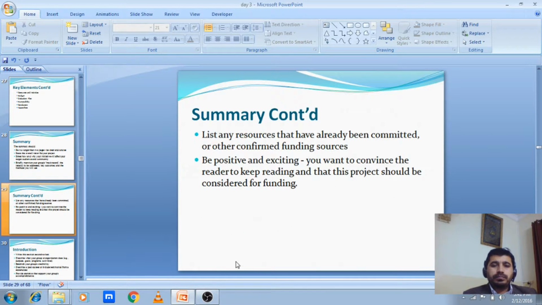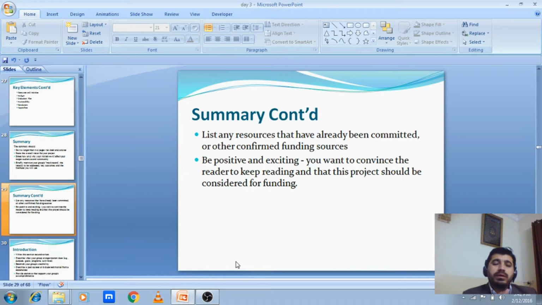Also, you would need to list any resources that have already been committed to this project. So you need to confirm those resources in the summary section. And be positive, exciting, and proactive, as I said earlier. Use active voice, because you want to convince the reader to keep reading and to consider this project for funding.